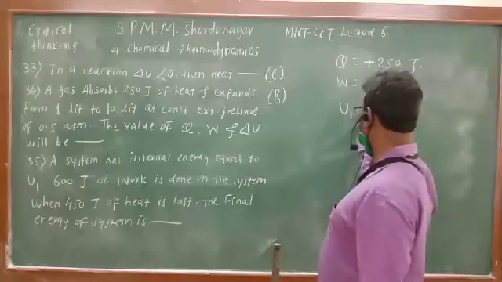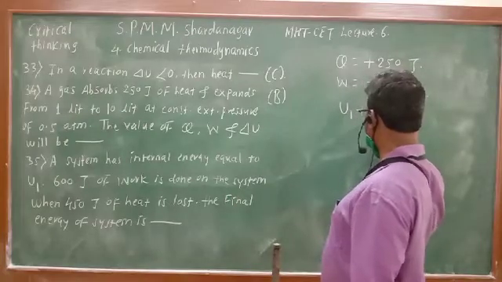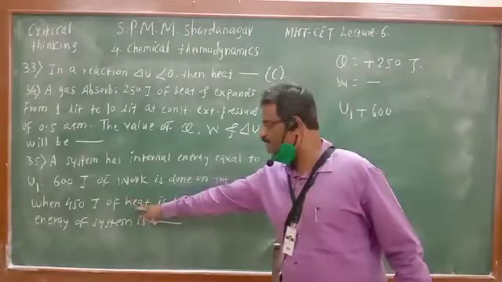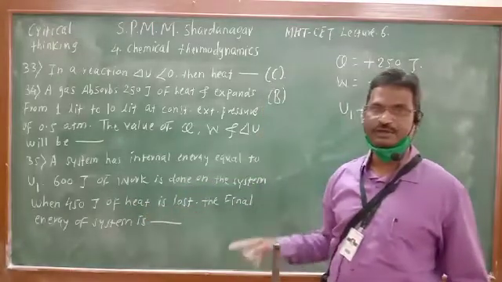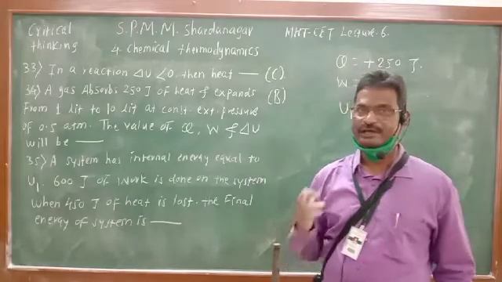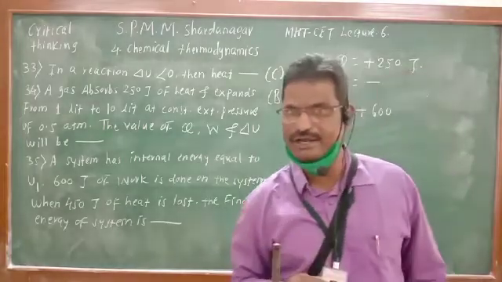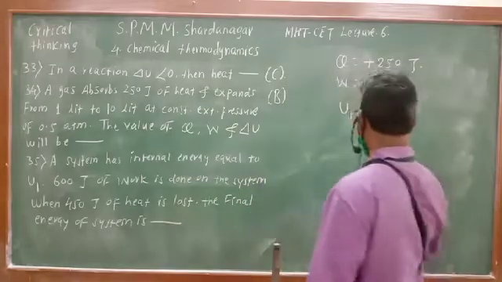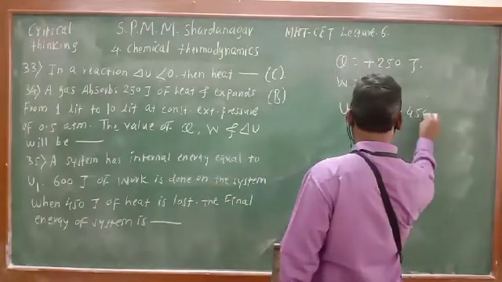Positive, meaning plus 600. Then 450 joule of heat is lost. Heat is lost, so what about Q? Is it positive or negative? Heat is lost means Q is negative, meaning minus 450 joule.